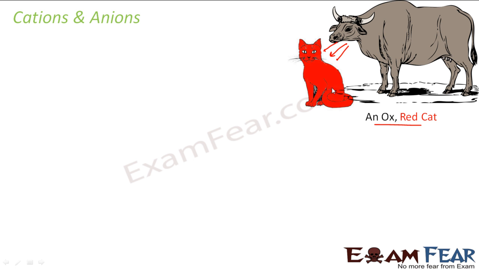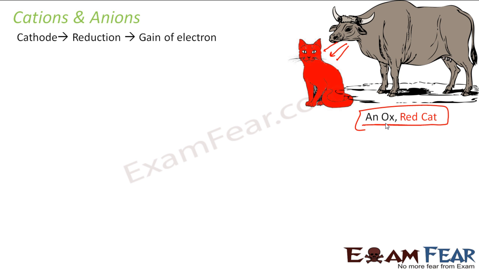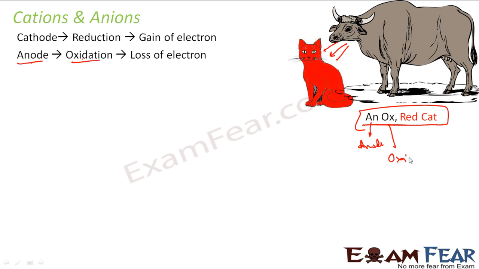If you remember an ox and red cat, you will remember anion and cation. An ox is anode, meaning oxidation. Red is reduction and cat is cathode.